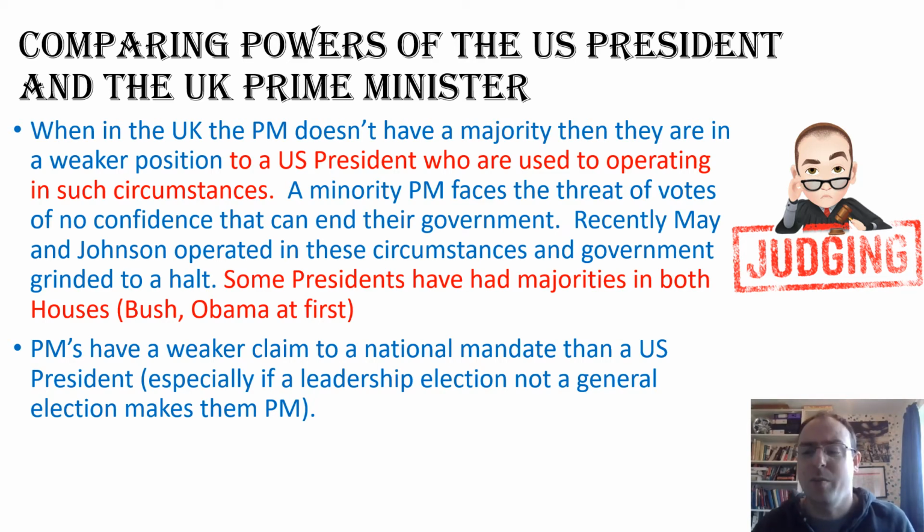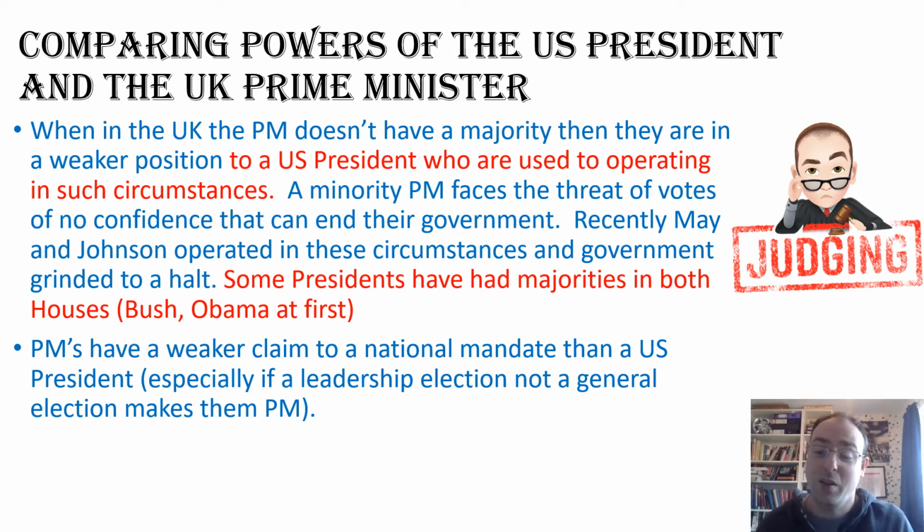The Prime Minister also has a much weaker claim to a national mandate than the US President, especially if they've been made Prime Minister by a leadership election rather than a general election. And part of that is because the President can say things like, I've won the Electoral College or I've won the popular vote, whilst a UK Prime Minister's party is likely to have got the early 40s percent.